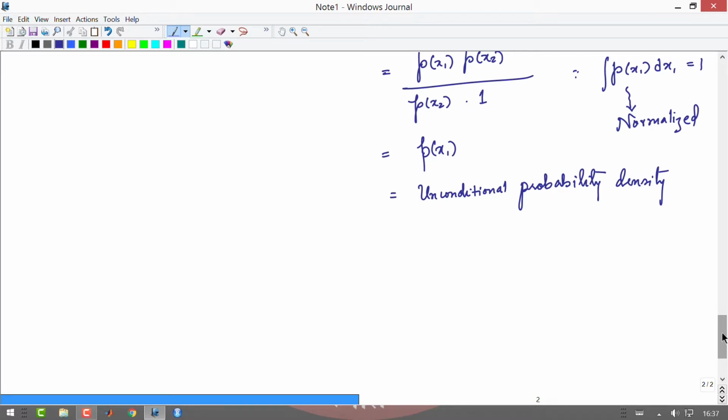Right, so now we quickly move to the next topic, which is basically the calculation of moments and cumulants in such multivariable distributions.